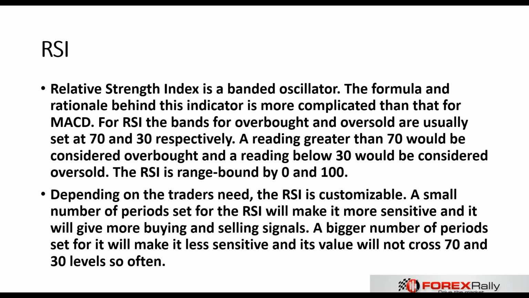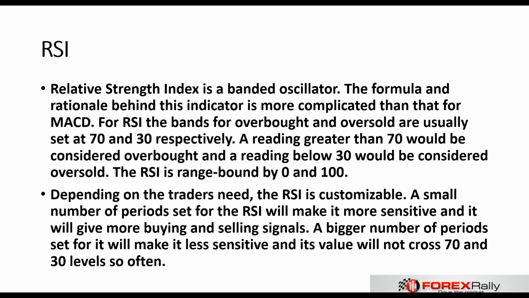Now, the relative strength index, this is actually the long name of the RSI, is a banded oscillator, and the formula behind it is a bit more complicated than for the MACD. The most important thing that you should know is that it is usually used with the set of 70, 30 and the 50 level.